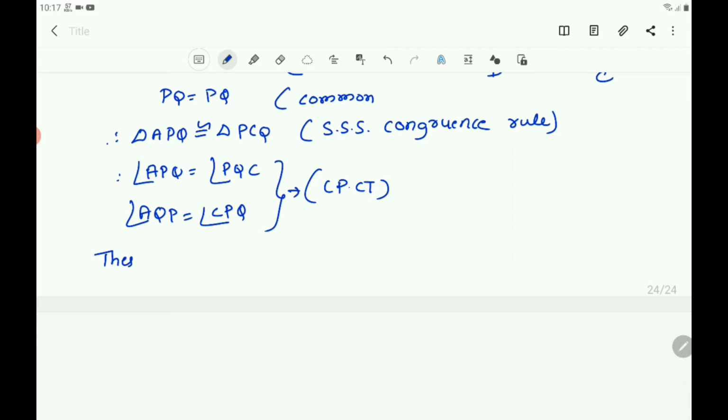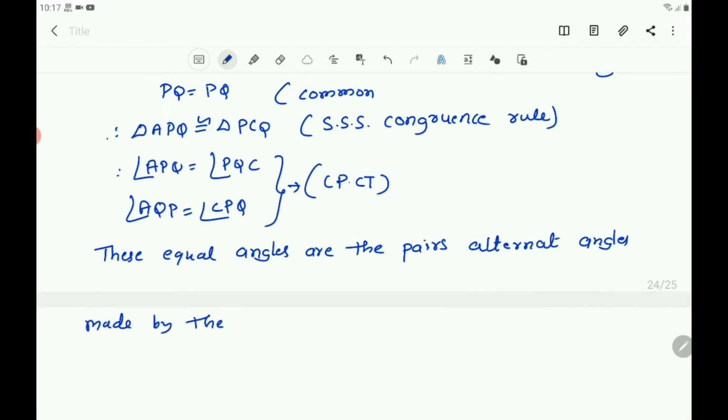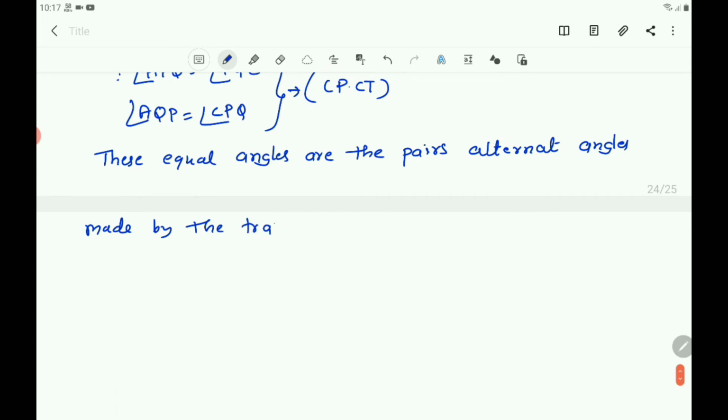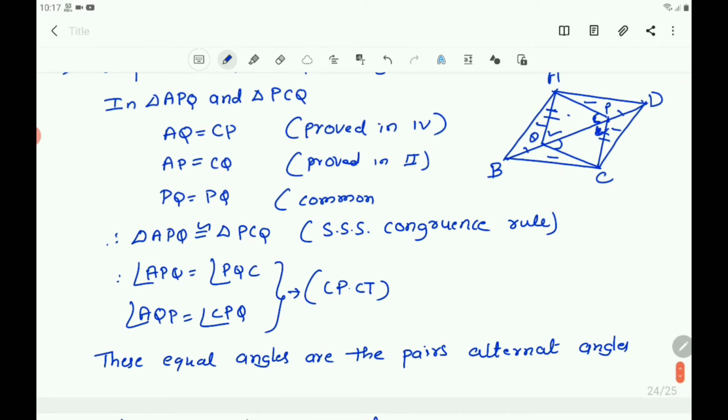These equal angles are the pairs of alternate angles made by the transversal of which pair of lines?